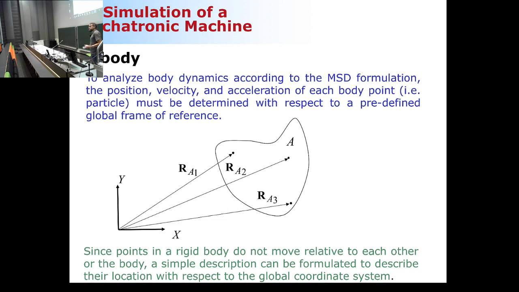So again, I have these three particles. In theory, I could describe these three particles by using just a vector that leaves from the reference coordinate system and ends wherever the particle is located. I could do this. But you know that this is kind of a dead end for us, because when I describe the three particles using this technique, I already have quite a few variables. This one here is a vector that consists of how many variables?